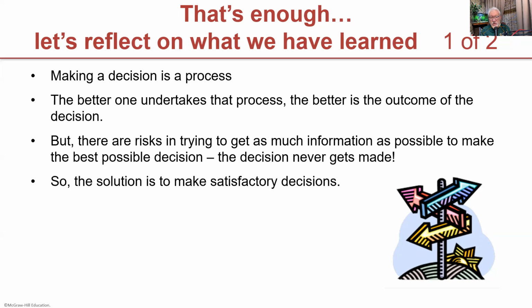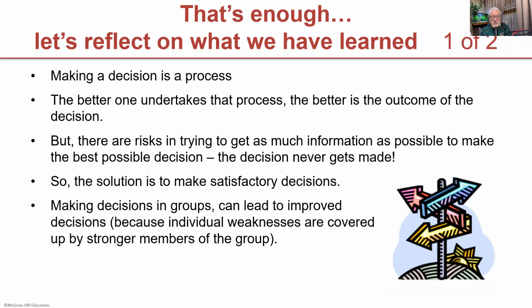So what we want is to achieve satisfactory outcomes. We satisfice. And decisions made in groups, we understand, could make the decision better, but it's also fraught with difficulty. So there's the risk of groupthink we have to contemplate.